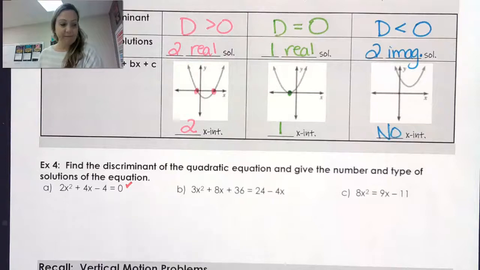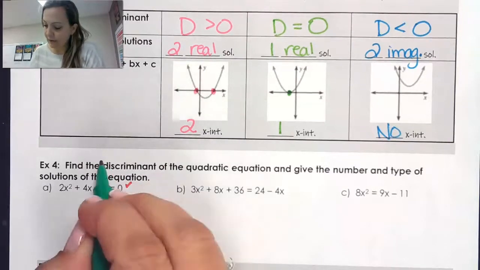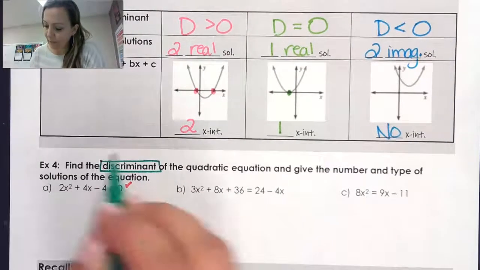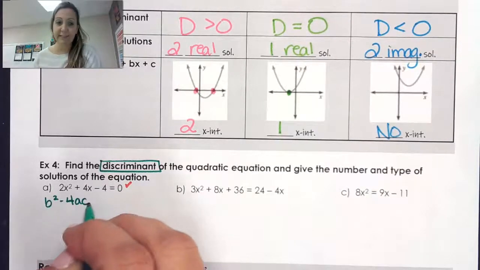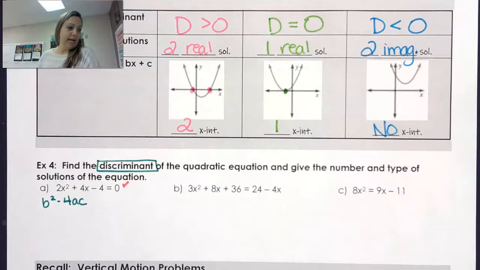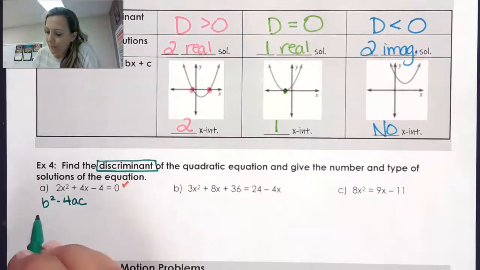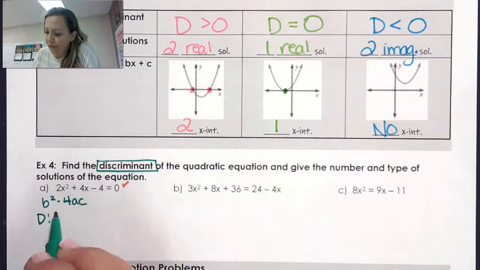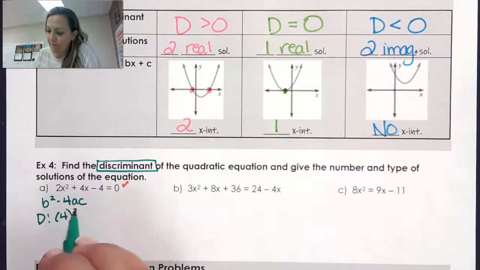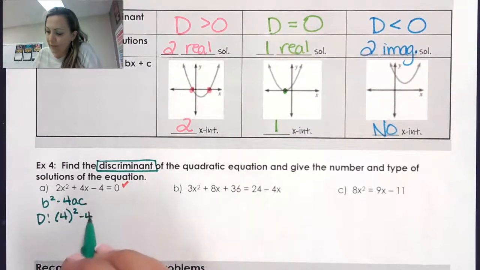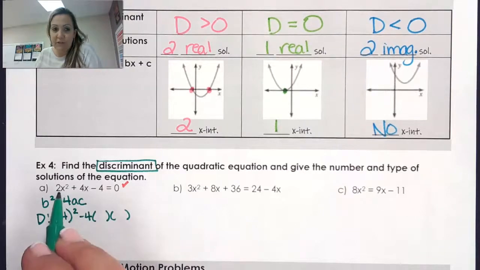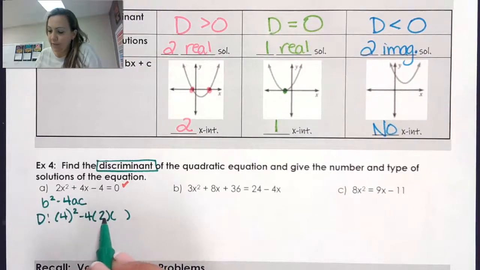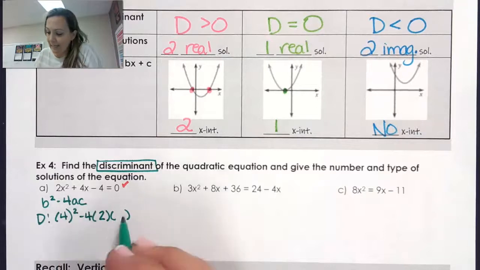So we're going to find the discriminant. Again, our discriminant is when we have b squared minus 4ac. Our b is our coefficient of x, which is 4, minus 4, and then times a, our coefficient of x squared is 2, and c is negative 4.